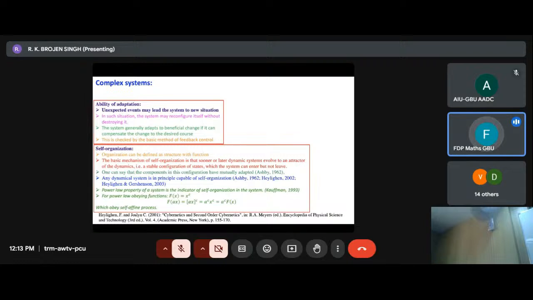Those things are systematically organized inside the system, and whatever emergent property that particular system gives rise to is due to the self-organizing behavior of the multiple different functions. That is the emergent. For example, let me give you one example: a bicycle.